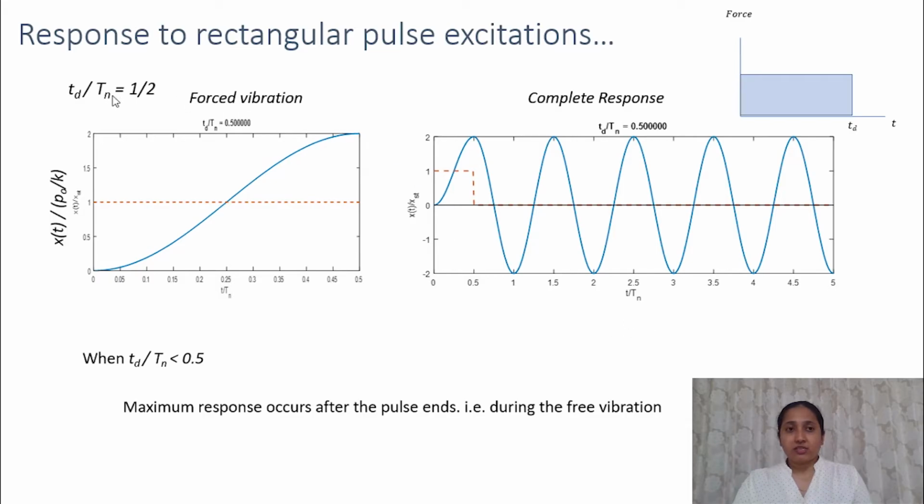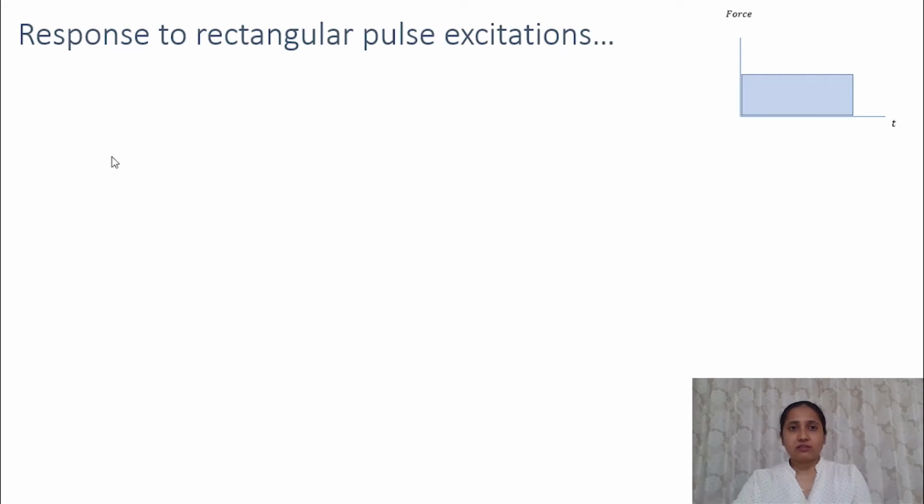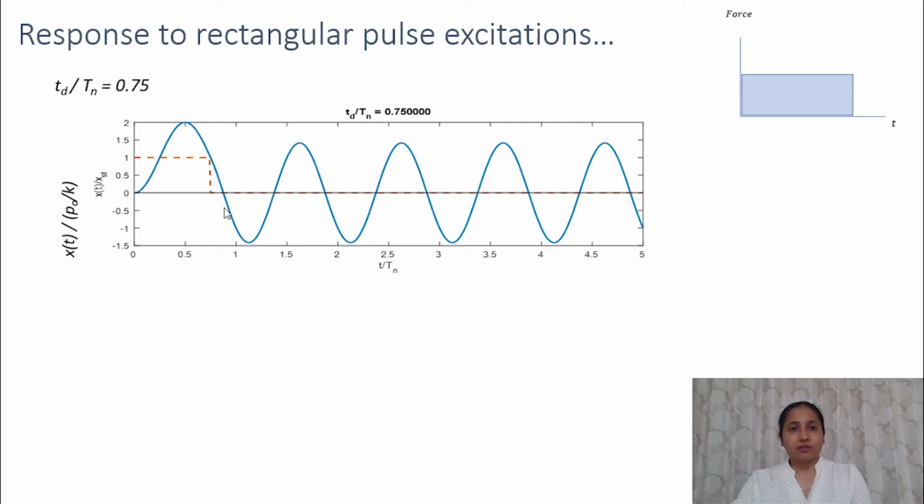So when td by tn is less than half, the maximum response is happening during the free vibration phase, that is after the pulse, after the force stops. Now let's find the response for some other values of td by tn. When td by tn is equal to 0.75, we have the complete response as this.